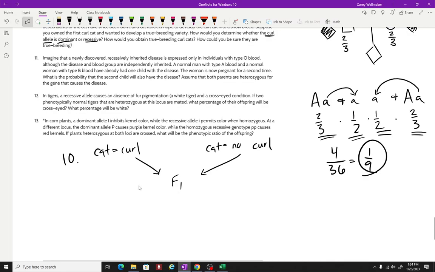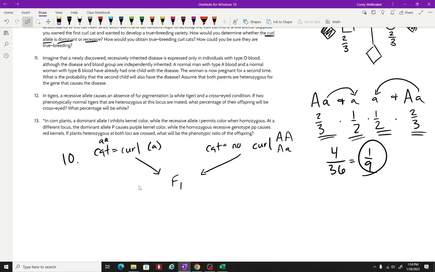Let's assume curl is recessive. Well, if curl is recessive, this is a true breeding cat, and this cat is no curl. If we assume no curl is dominant, this cat could be big A, little a.